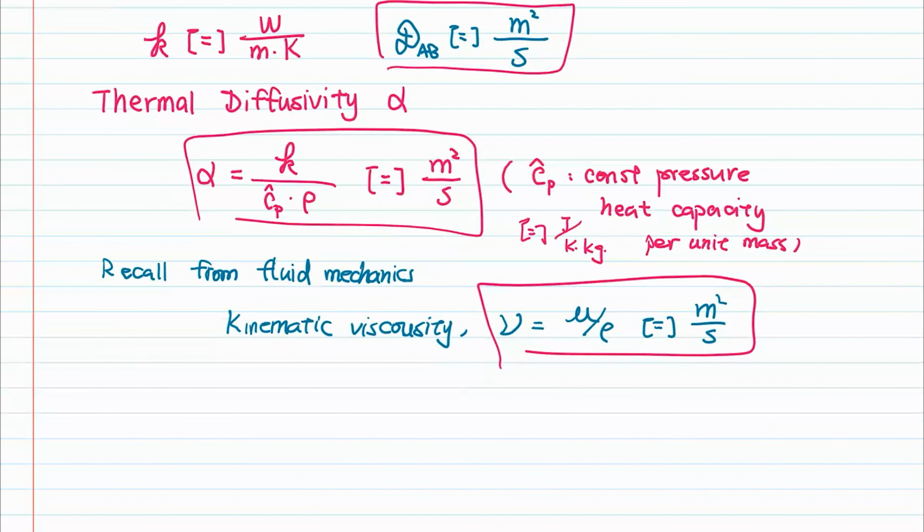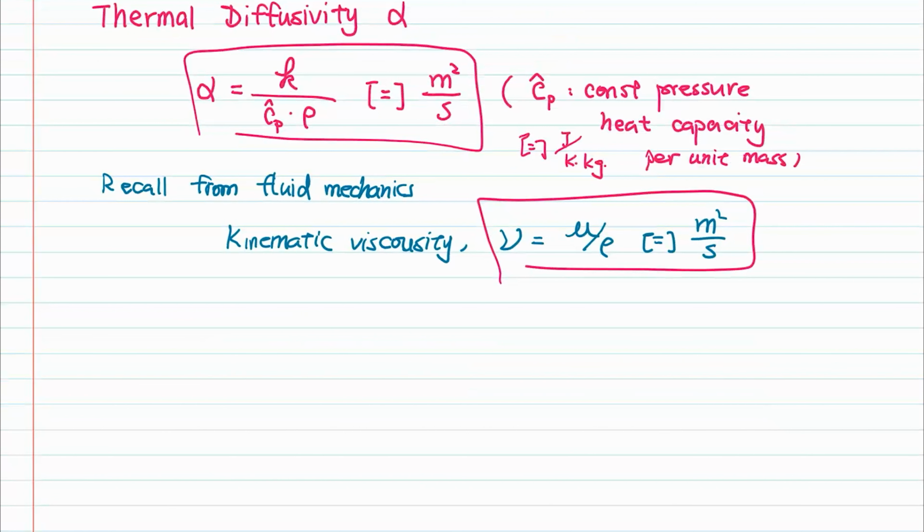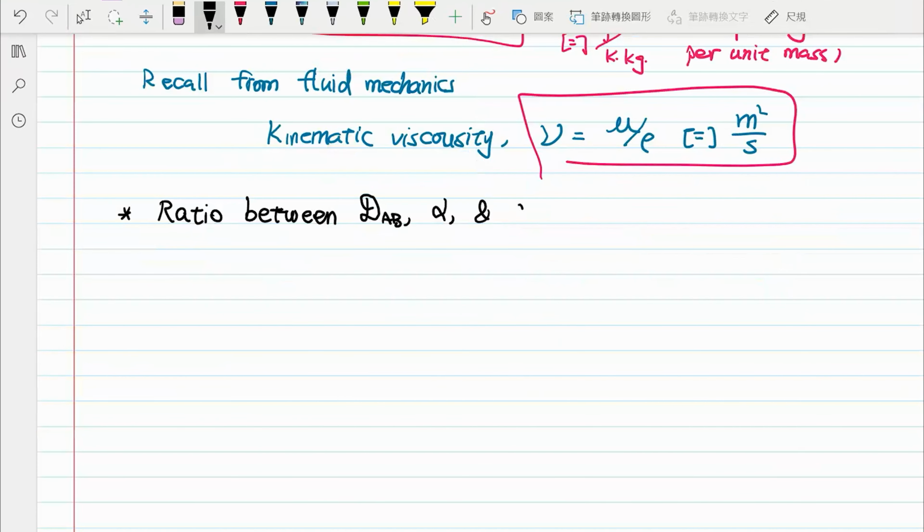So the important thing here is, not necessarily now, but in the future we will be looking at these. The ratios between diffusivity, thermal diffusivity, and the kinematic viscosity are all dimensionless groups.